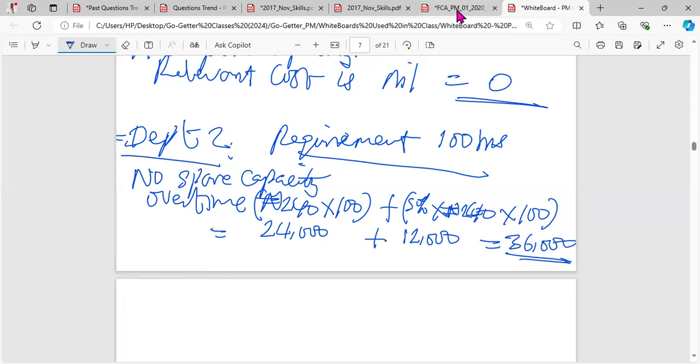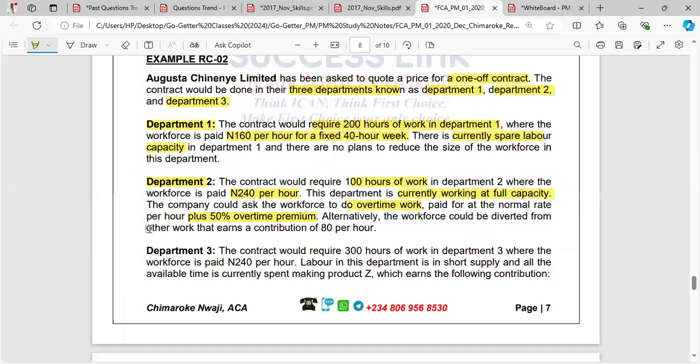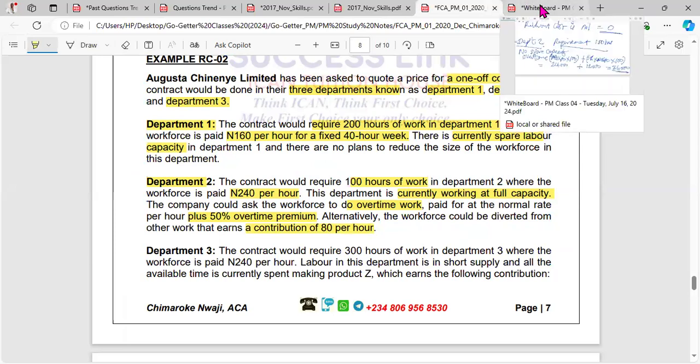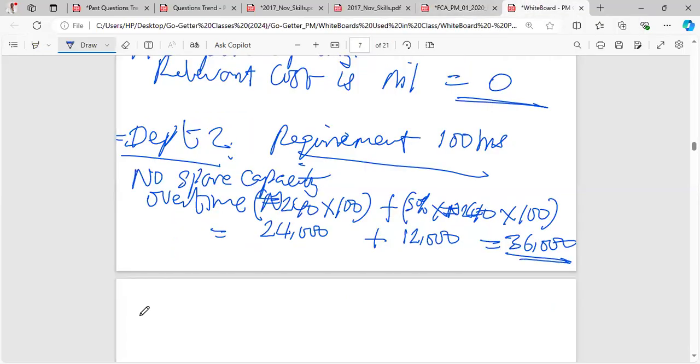But then there is another option here. They said alternatively, the workforce could be diverted from other work that earns a contribution of 80 naira per hour. So instead of doing overtime, the opportunity cost is 80 naira per hour.